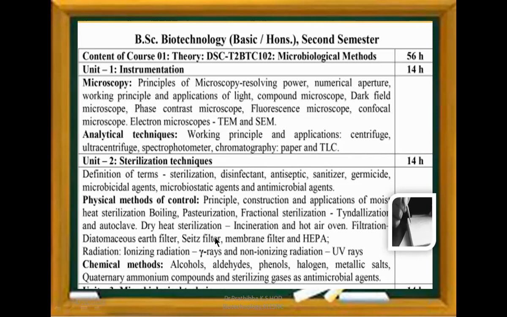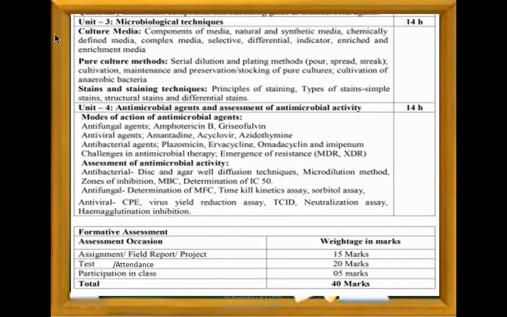So this is all about unit 1 and unit 2. Next, unit 3 is microbiological techniques, where you are learning about culture media, like components of media, natural and synthetic media, chemically defined media, complex media, selective, differential, indicator, enriched and enrichment media.